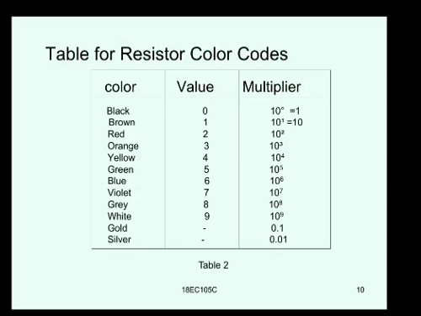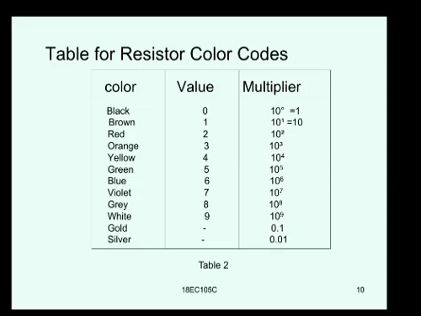The value of black is 0, brown is 1, red is 2, orange is 3, yellow is 4, green is 5, then blue is 6, violet is 7, gray is 8, white stands for 9. So the value will be 10 to the power of 9 if it is in the multiplier position.